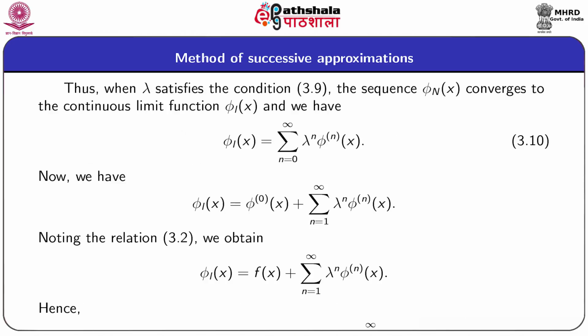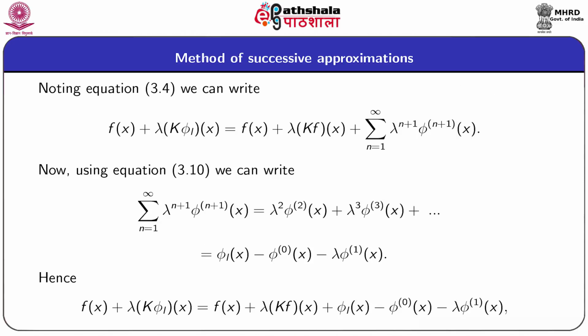Now, from equation 3.10, you see that the summation is φ₀(x) plus λ φ₁(x) plus the summation n equal to 2 to infinity of λ^n φ_n(x).